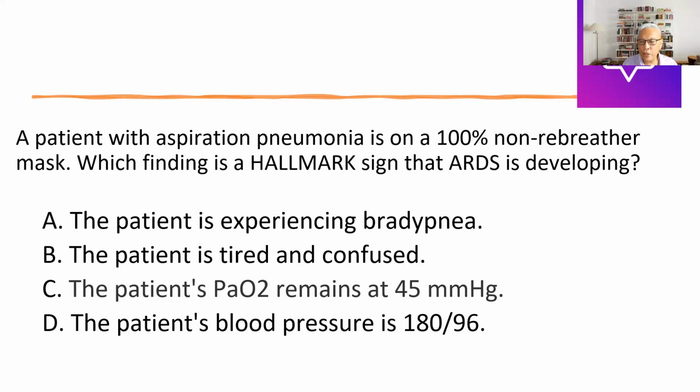So the correct answer here is letter C. This is exactly my point earlier. A hallmark sign and symptom of ARDS is refractory hypoxemia. What is refractory hypoxemia? This is where, although the patient is receiving a high amount of oxygen, in this particular instance 100%, the patient is still hypoxic. So option C is the answer because it states that the patient's arterial oxygen level is remaining at 45.